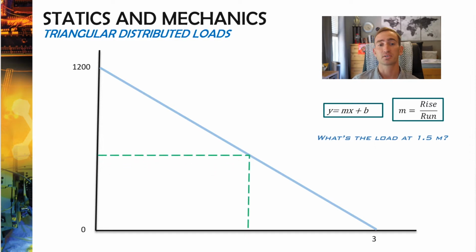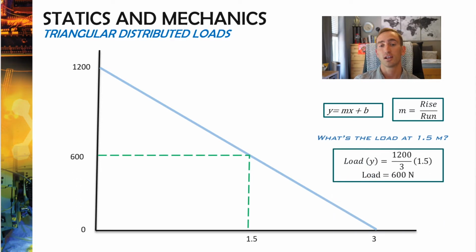Effectively, what we're doing is we're saying, hey, we want to solve for the load at 1.5 meters. And the way that we do that is we can say, similar triangles, 1200 over the height is equal to 3 over 1.5. You could also use the rise and the run and write a slope equation. And what you'd ultimately find is that because we're in the middle of the triangle, we have a height of 600.